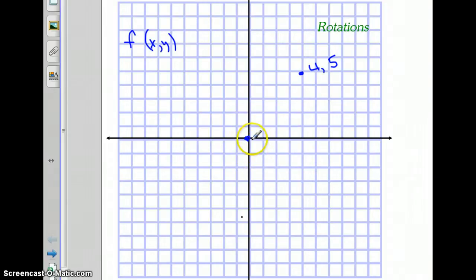We would start here at the origin and draw a line perpendicular to this point, about here, to make a 90-degree angle.